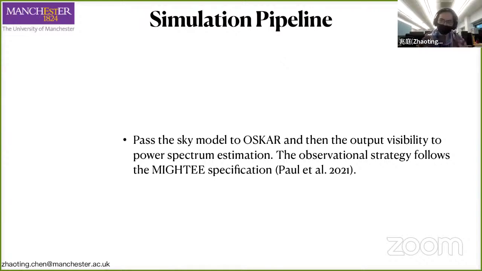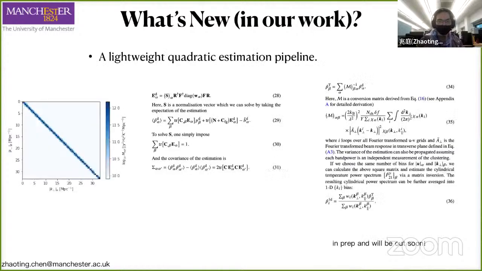Finally, after you construct all these sky models, you choose an observation strategy and specify what the telescope looks like. Here we follow a typical MIGHTEE specification. We simulate an 11.2 hour tracking of the COSMOS field, which is something MIGHTEE does using MeerKAT.